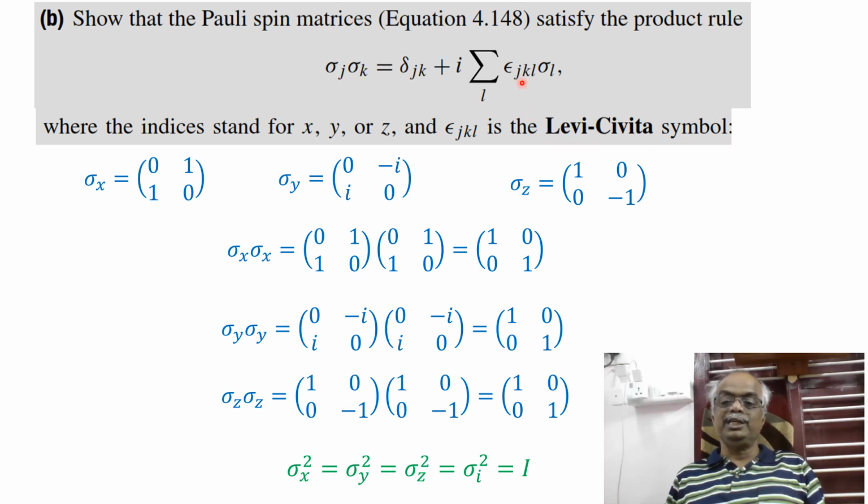This is equal to 0 if any two indices are the same. If it is in cyclic order, it is plus 1. Otherwise, it is minus 1.